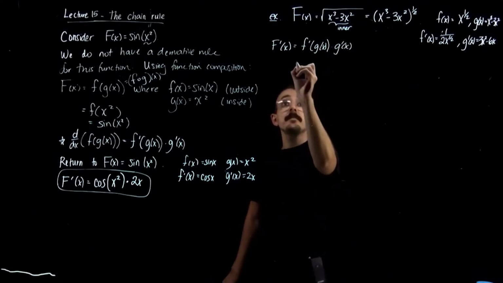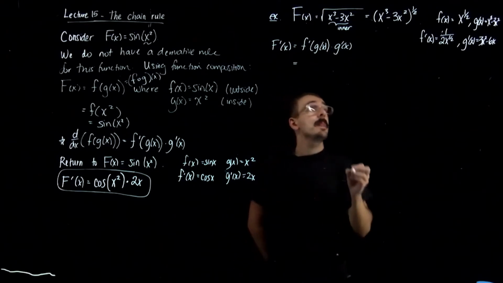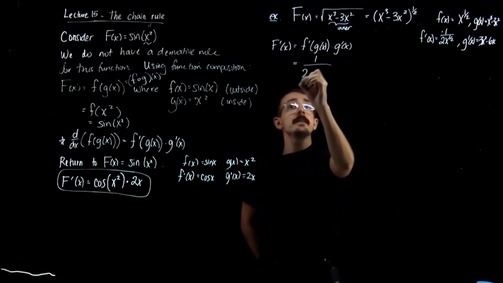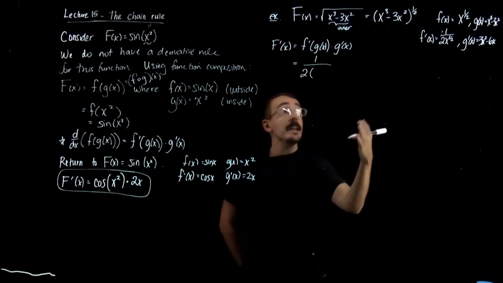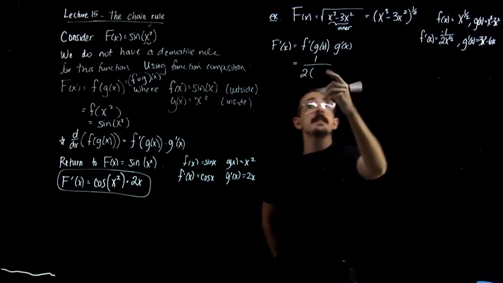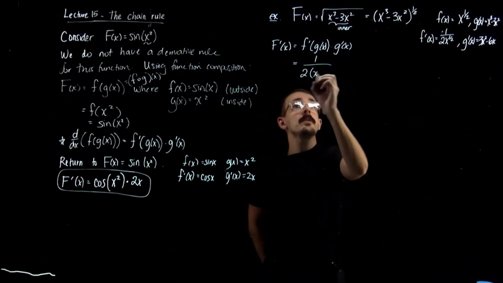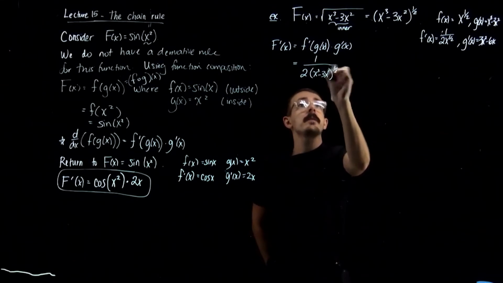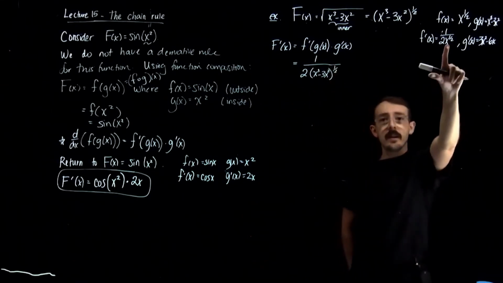Let's fill it in. So what I need to do is write what f prime is, but I'm going to plug in g of x into it. So this is going to be 1 over 2 times (x cubed minus 3x squared) to the 1/2 power. So I've plugged in g of x into my f prime.